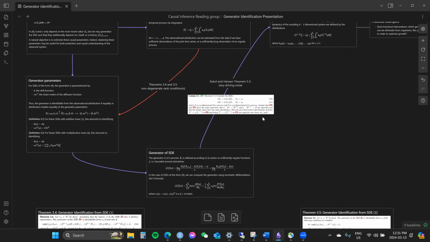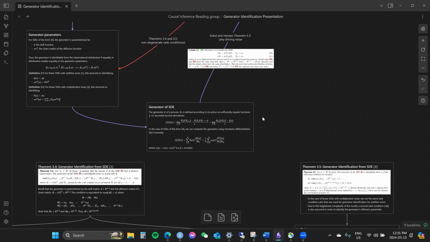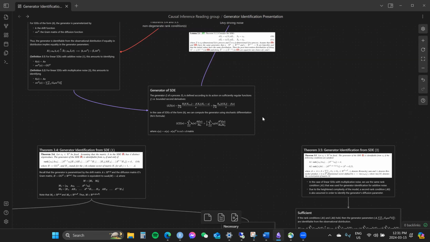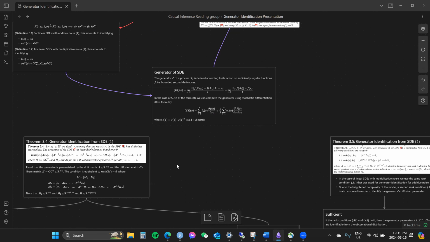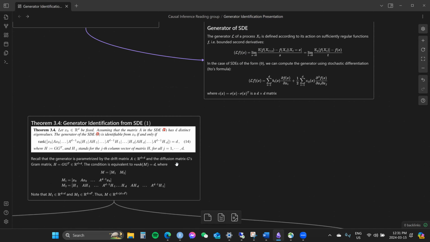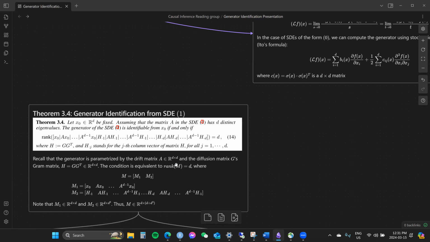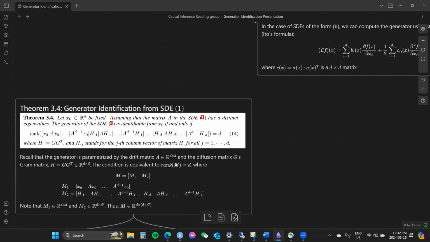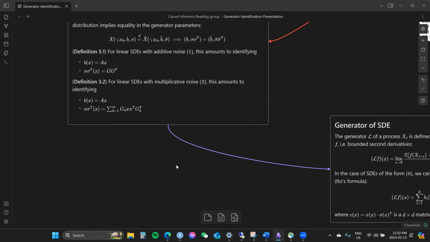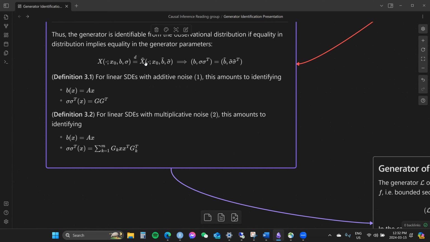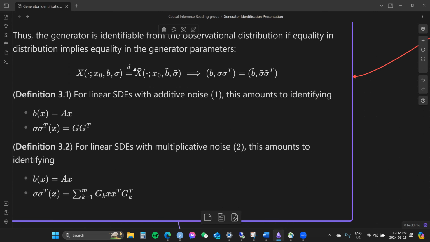The next part, I'll be going through the main proofs for how they do this, and it's split in two because there are two different models. For the first one, they need to add an assumption to be able to do the task, which I'll remind you is: if you have two models with the same observational distribution, you want to show that their generator parameters are the same.